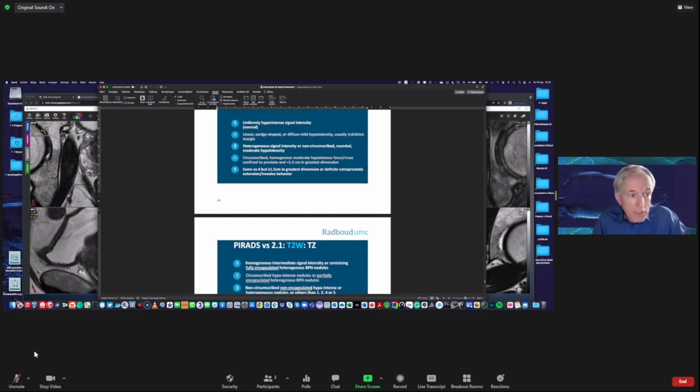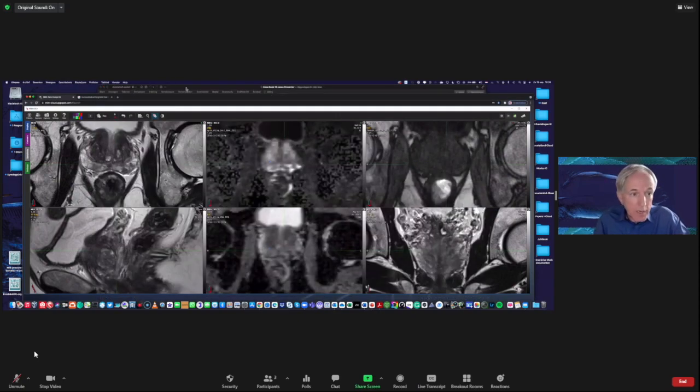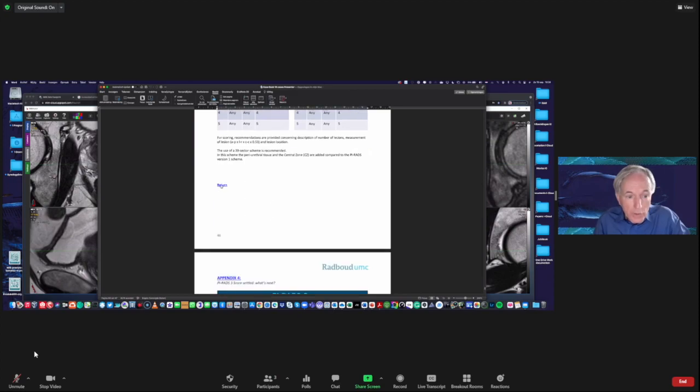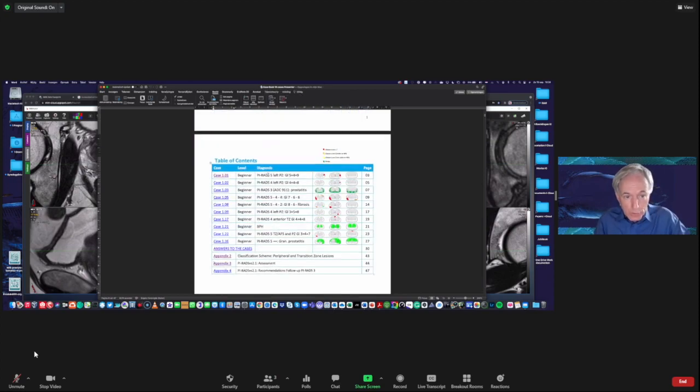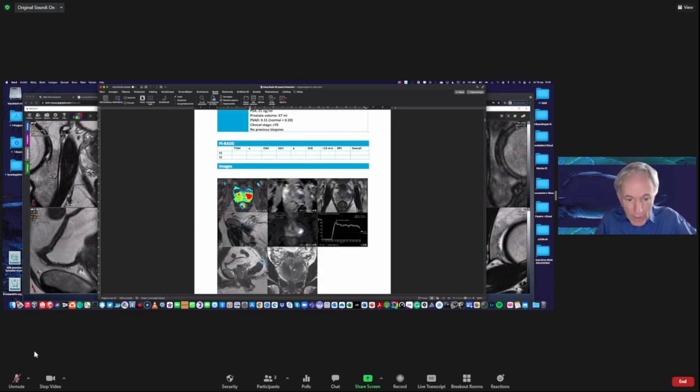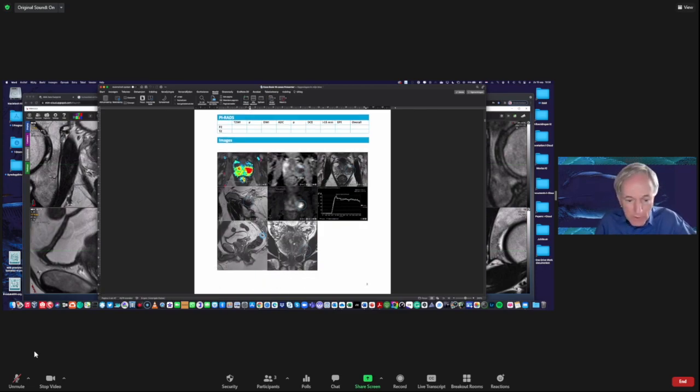Okay, now let's start with the first case. If you go to the book, you can go to a link, you say return, you go to the table of contents, you press case 101, and this actually for you without the images also is a learning experience. It shows you the lesion where we think is something there, and you're asked to fill in here the PI-RADS score, the assessment.